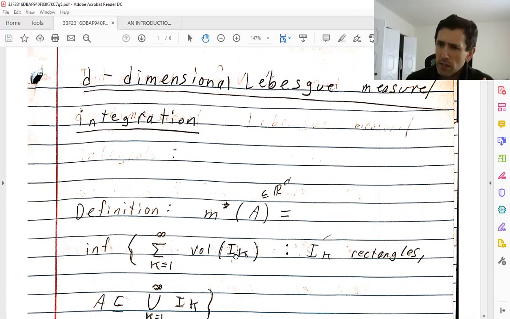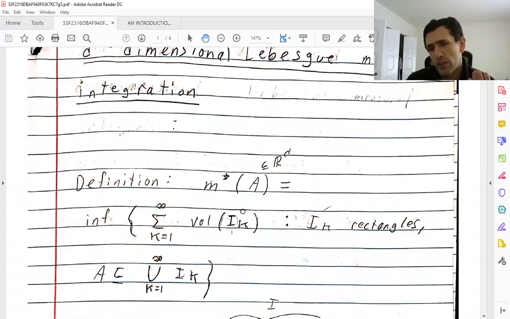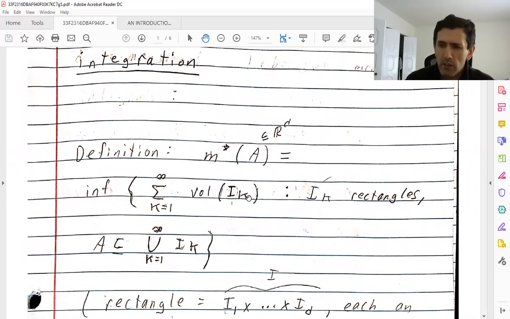Okay, the definition of a rectangle. You did this in Calc 3 in 3 dimensions, and if you took advanced calculus of several variables, I'm tempted to say 412, you probably did this.